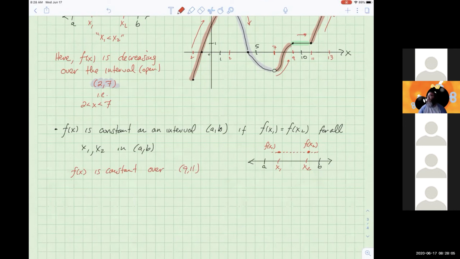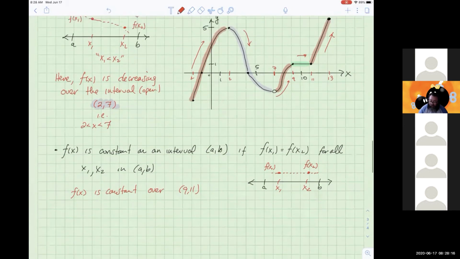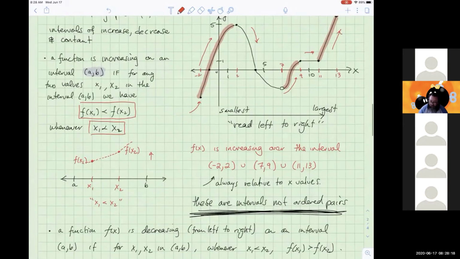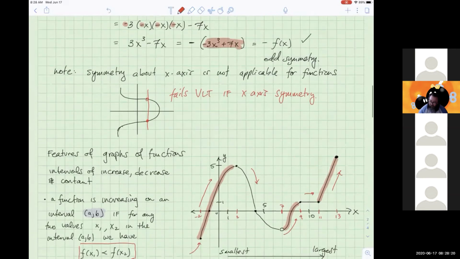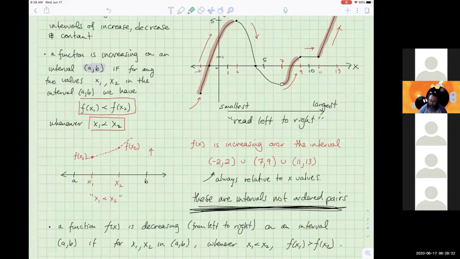And that's the idea. And so the book is going to give you a bunch of pictures of graphs, and you're just supposed to be able to look right at it and say it's increasing on this interval, it's decreasing on that interval. And you may have to use a union symbol like we did in this first one. Right here. So let me color code these, I guess.